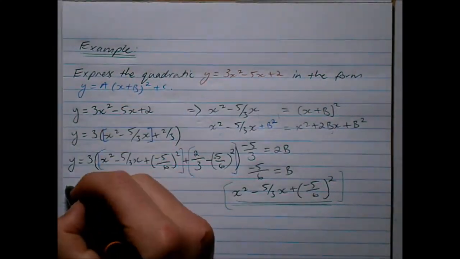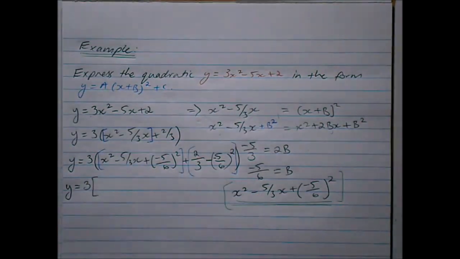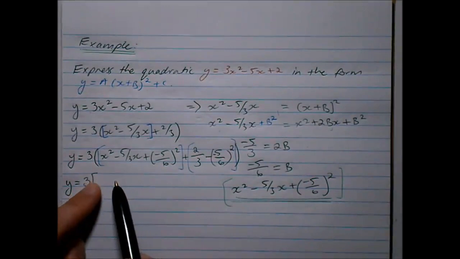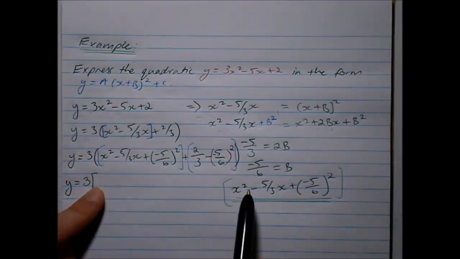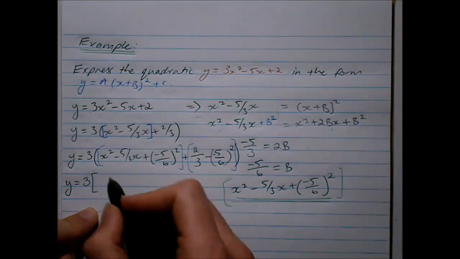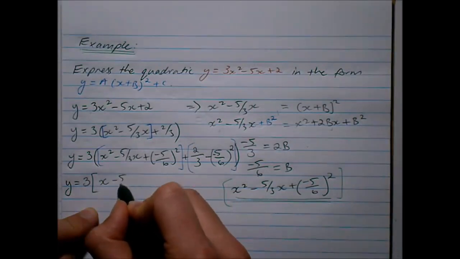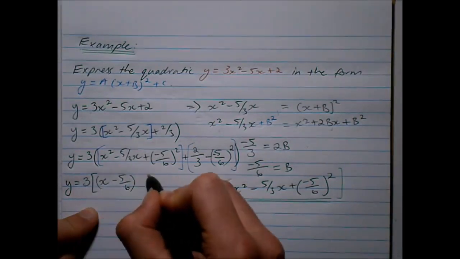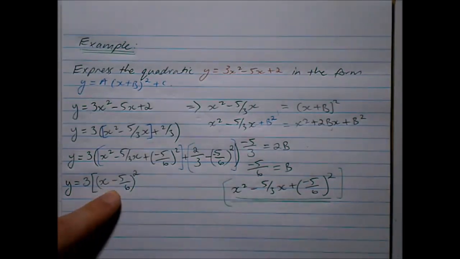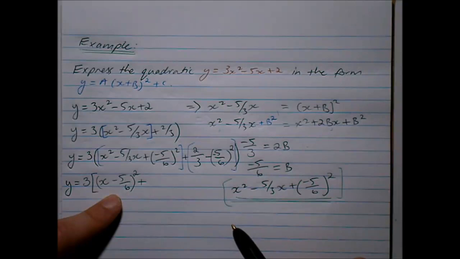So what we get is y equals 3 outside of, we have our x plus b squared term now. So what was our x plus b term? Our b term was negative 5 on 6, so then we get 3 outside of x minus 5 on 6 all squared, okay, that's our x plus b squared term, plus this 2 on 3 minus negative 5 on 6 all squared.